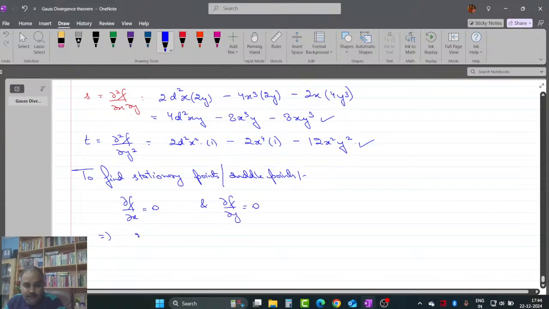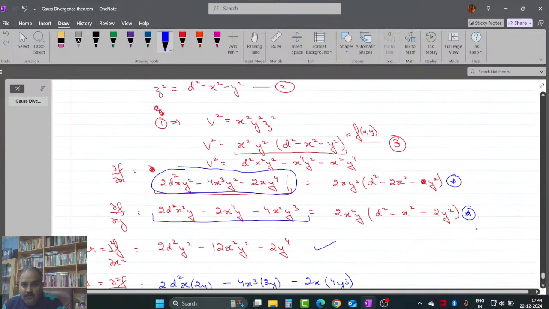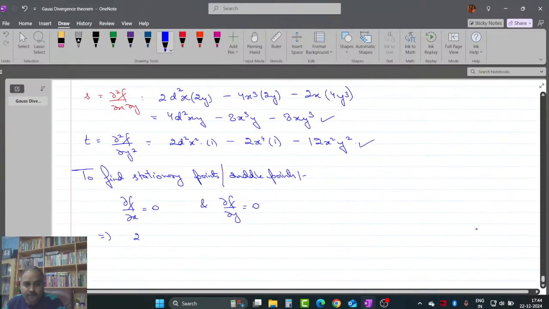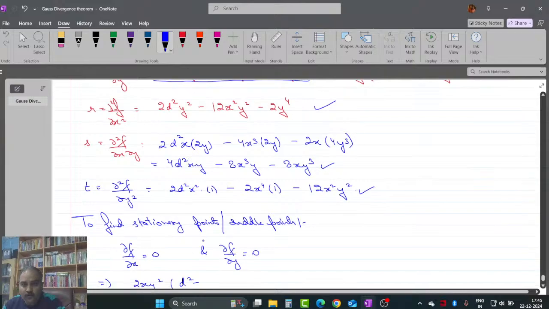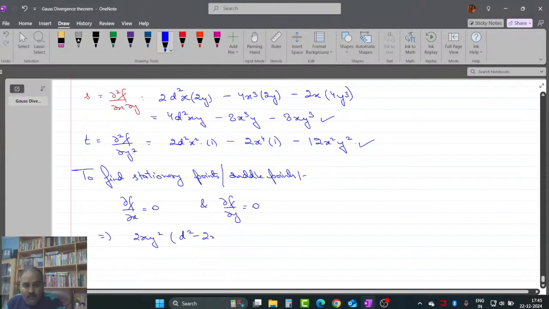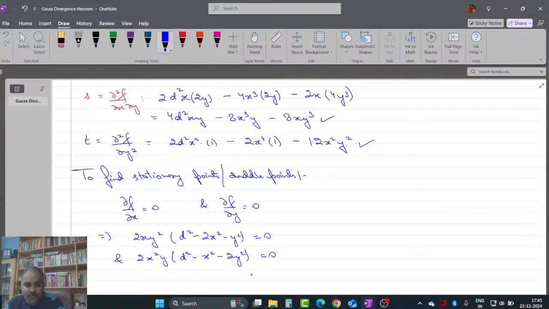That means 2xy²[d² − 2x² − y²] = 0, and 2x²y[d² − x² − 2y²] = 0. These are the two equations.